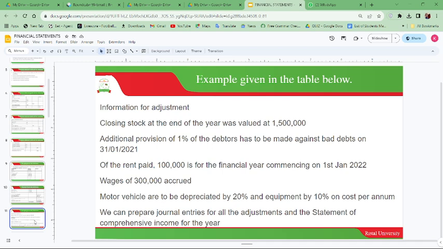Wages of 300,000 are accrued. Motor vehicles are to be depreciated by 20% and equipment by 10% on cost per annum. We are to prepare journal entries for all the adjustments and the statement of comprehensive income for the year. So when you're given additional information, you need to prepare journal entries for the adjustments and the statement of comprehensive income.